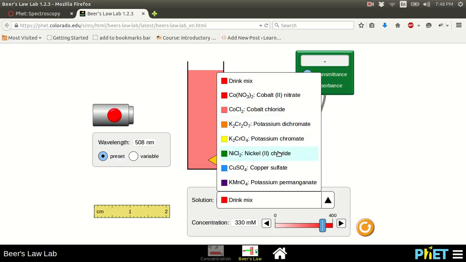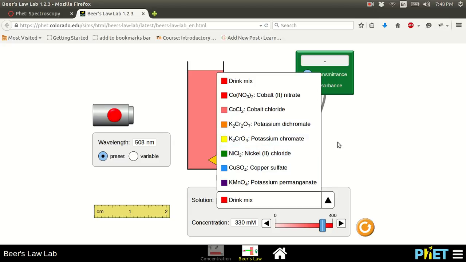So if the anion is responsible for the color, then they should be the same color because the anion is the same. I could see that they're not the same color. So it must be the case in this particular example, cobalt chloride and nickel chloride, that the anion is not responsible for the color.